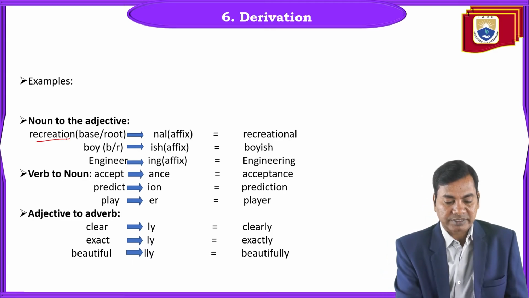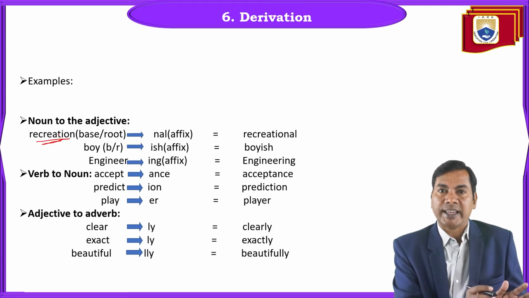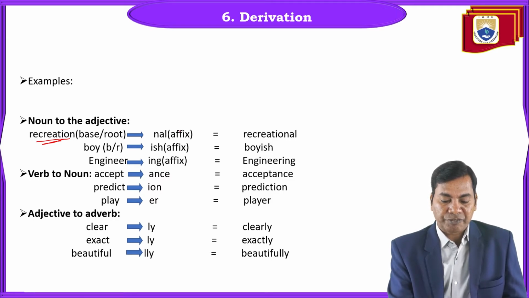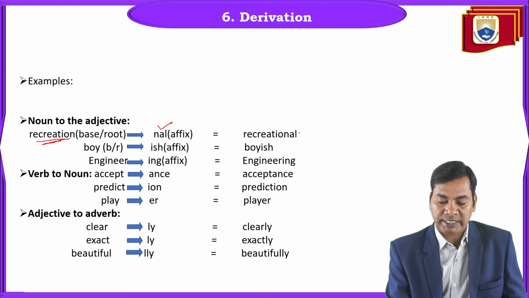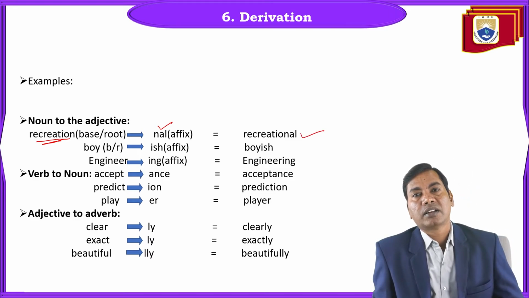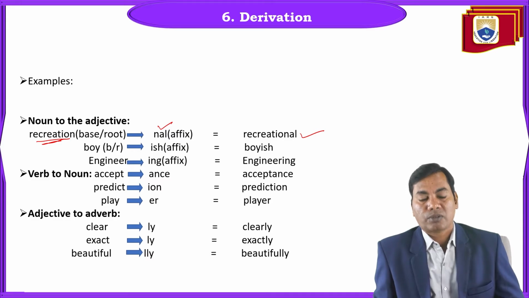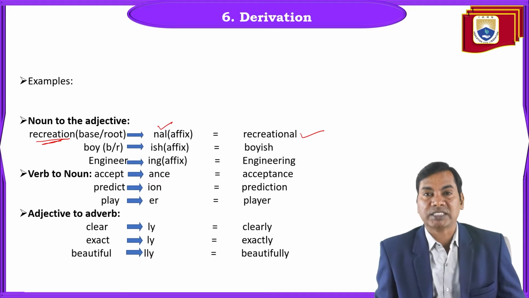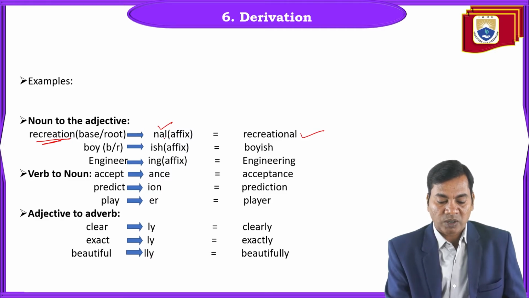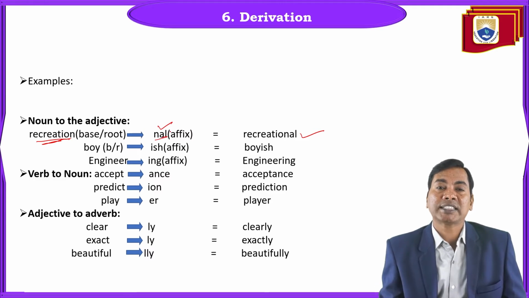Recreation, which is already there, is the existing word, and I'm affixing al to that, then we get the new word recreational, which is the derived adjective.